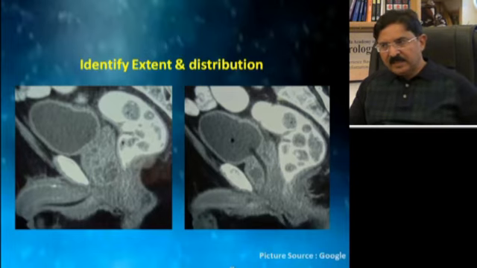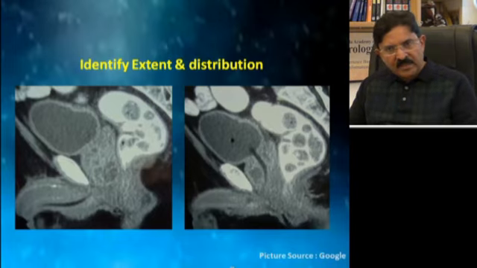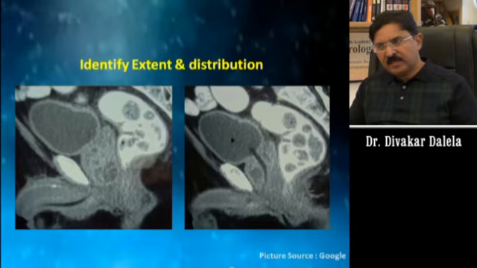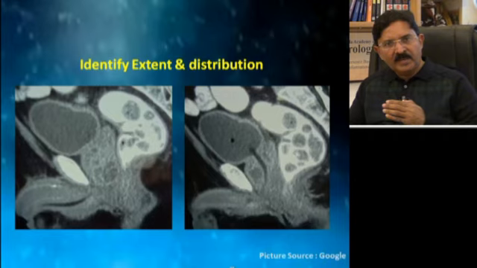See here, this picture is showing you that there are more abscess cavities towards the lower part of the prostate, that is towards the verumontanum. Another picture is showing you the abscess which is located more in the anterior part of the prostate, anterior to the urethra. So obviously if you have this information beforehand, when you are doing resection you know that you are going to hit the abscess.